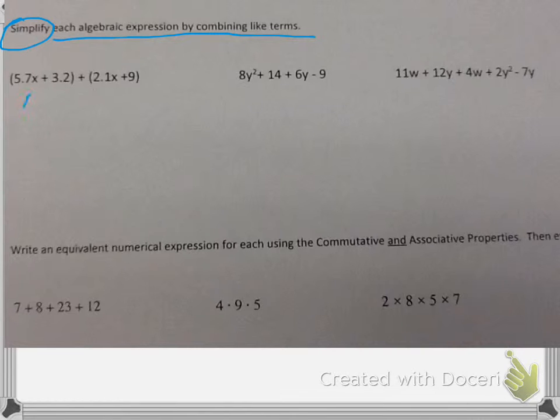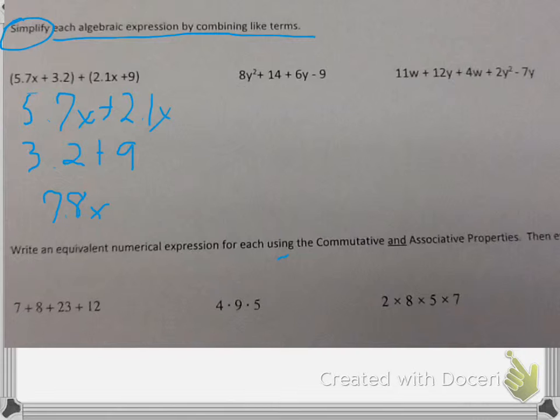But we can add 5 7/10 x plus 2 1/10 x, and we can add 3 2/10 and 9 together. So both of those things you can add together, and this is basically just decimal addition. So 5 7/10 plus 2 1/10, 7/10 plus 1/10 is 8/10, so it's going to be 8/10 x, but then we still have our wholes, so we have 5 plus 2, which is 7.